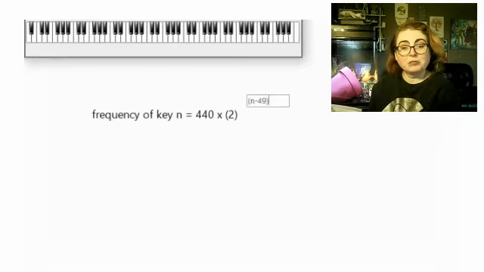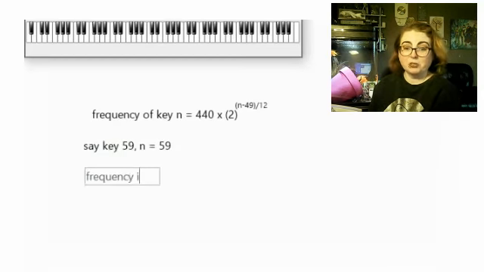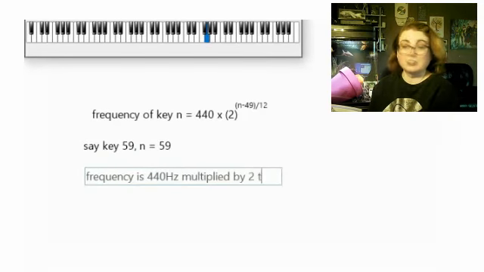So the frequency, pitch of key n equals 440 multiplied by 2 to the power of (n minus 49) over 12. So if that makes no sense to you, it doesn't matter.